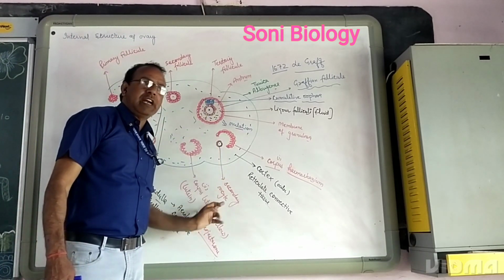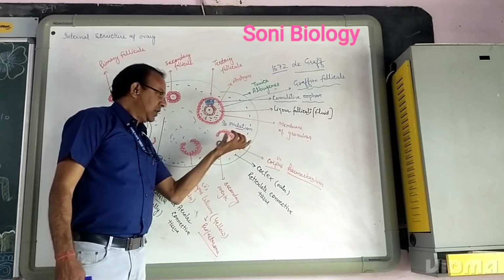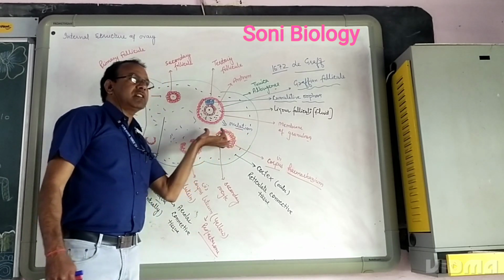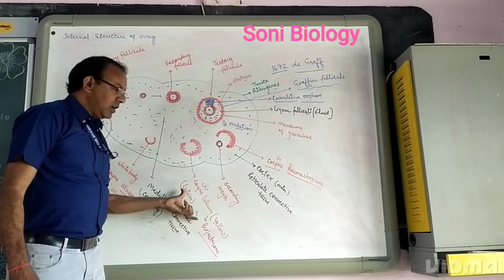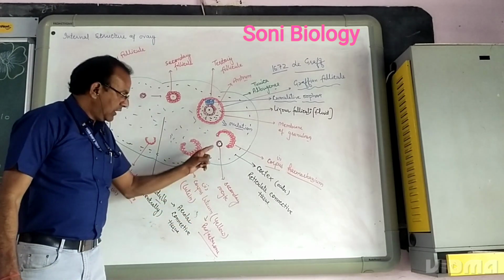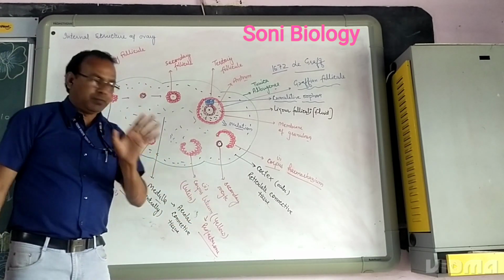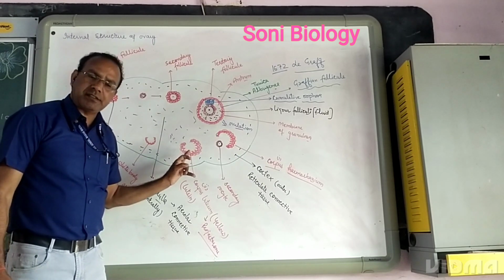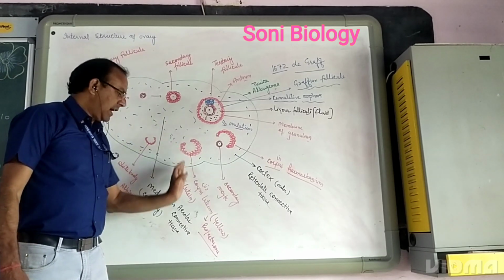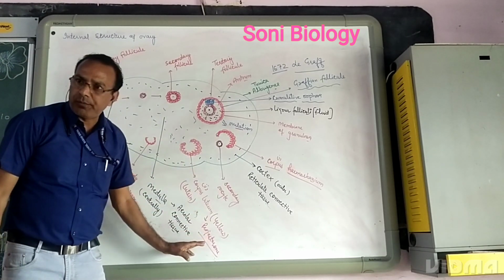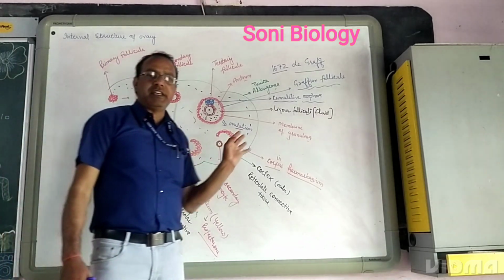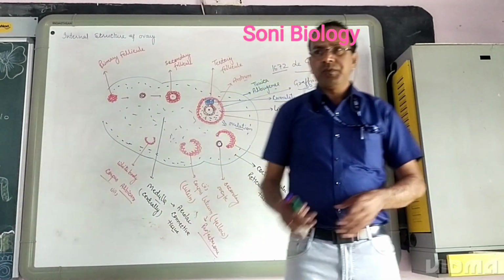The release of the secondary oocyte is called ovulation. The waste material which remains inside the ovary is called corpus luteum. If the egg is fertilized in the fallopian tube, it persists as it is and releases progesterone hormone. It is yellow in color because it contains the chemical substance lutein.